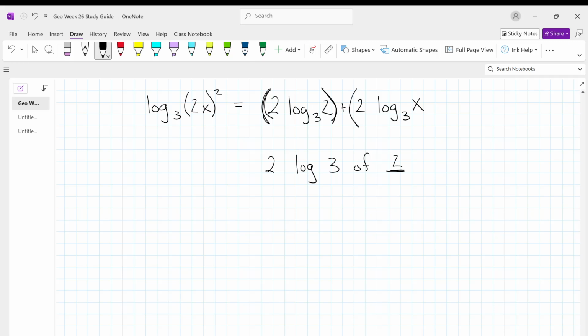If I'm trying to ask you about this as the portion of an answer, it could be blank log blank of x. So your fill-in would be, if this is your answer, 2 log 3 of x. Everybody okay with that?